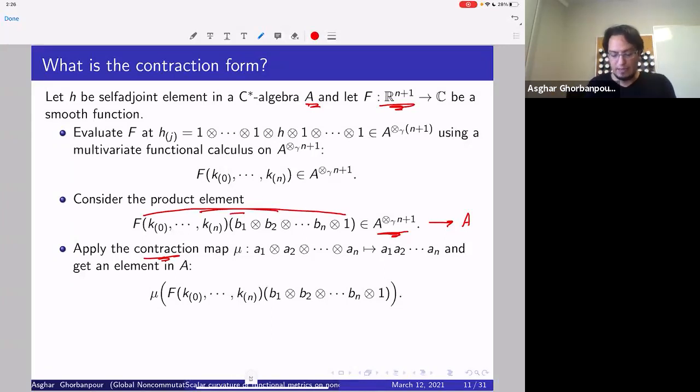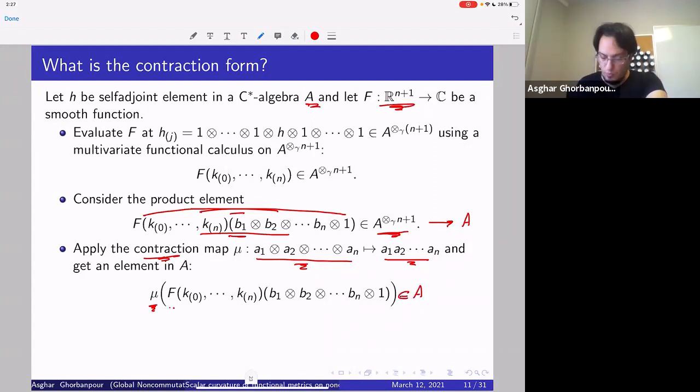To go back, we need this contraction map, which basically sends any basic tensor element to the product of the entries that you see there. This map extends to the elements that you find by this trick that we used here, and if I apply that onto what we found, the result will be an element back in A.